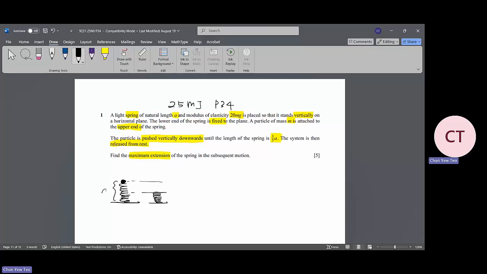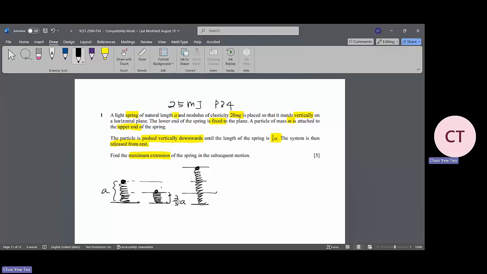Originally, this is the a. Then press until you have 3/5a. Then after that, you release. It will reach until here. So this is the situation.